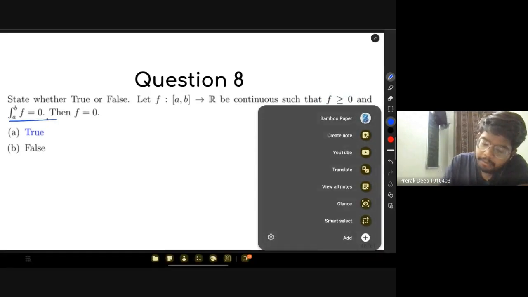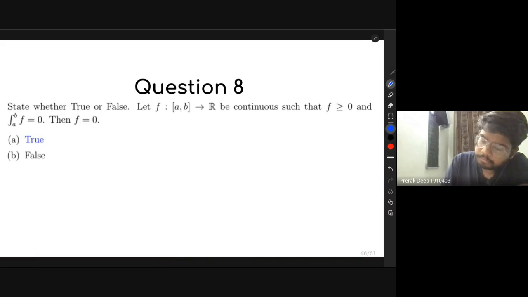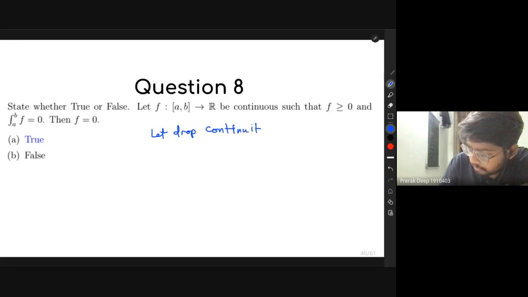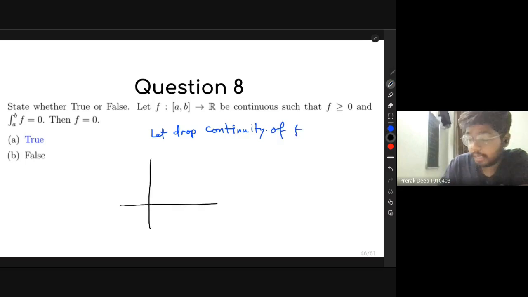A hint: let's drop continuity of f. So what do we get? Do we have any example? Yes, we can. Just think of this example where you define your function on, let's say, 0, 1, and 2.